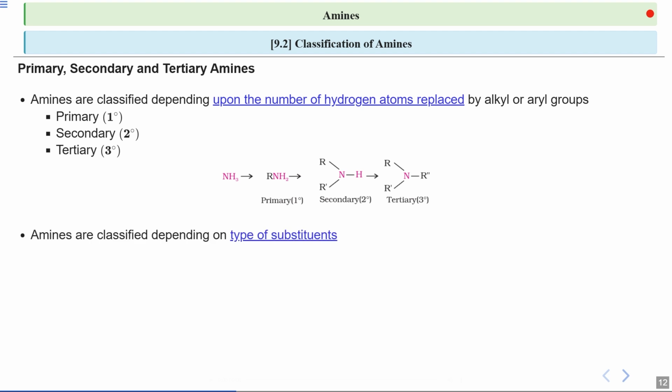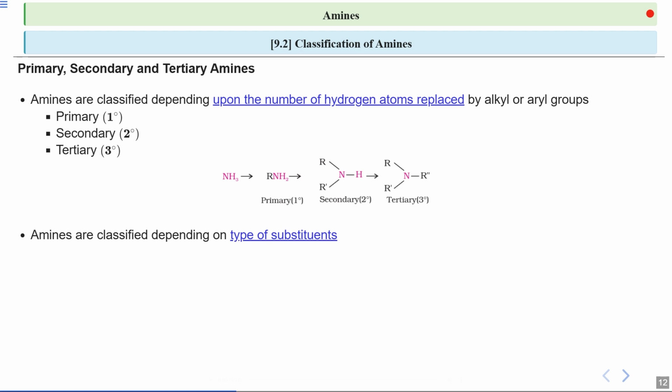Now, amines can also be classified based on the type of substituent attached to the nitrogen atom. Specifically, we look at whether the group is an alkyl group, which is a chain of carbon atoms, or an aryl group, which is based on a benzene ring.